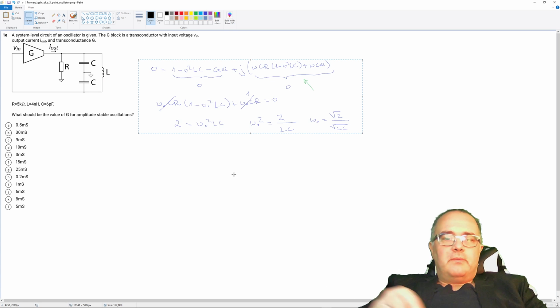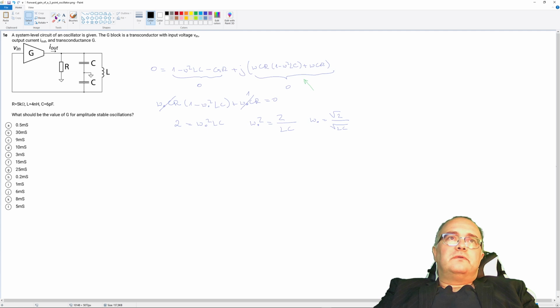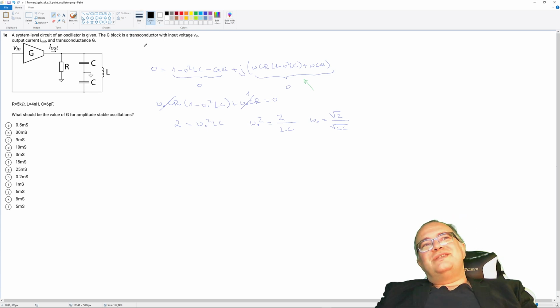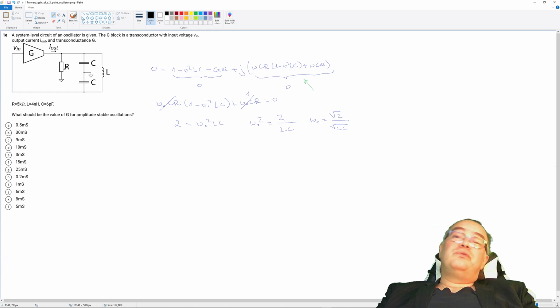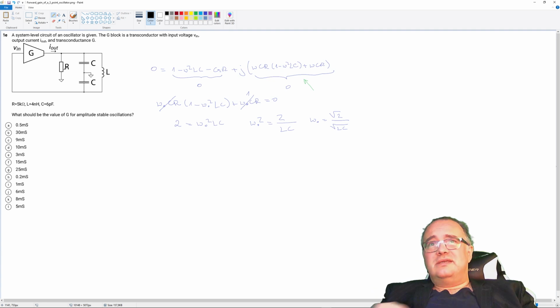Alright, and now my goal is to find G in order to maintain the frequency of oscillation. Very intuitively, you can say that G will have to compensate the losses of R. So G will have to be 1 over R. Now, why is this? Let's see.